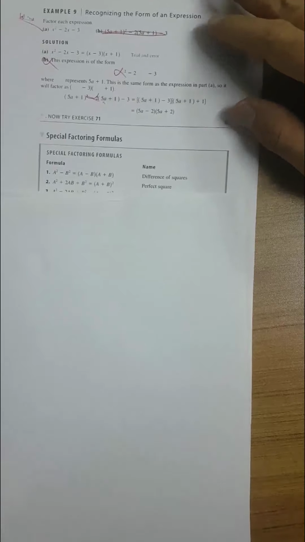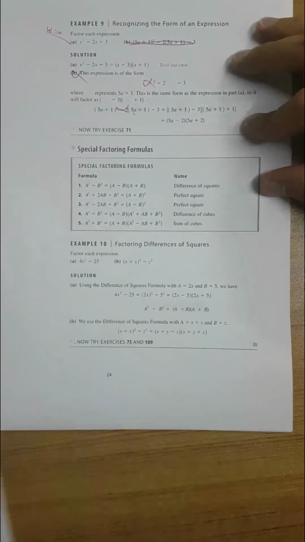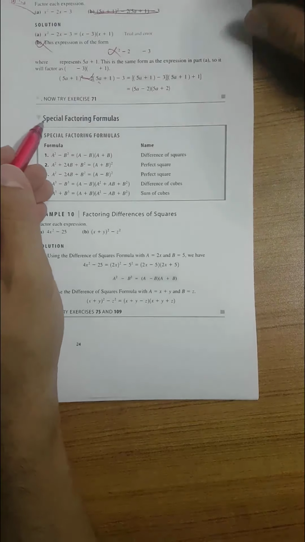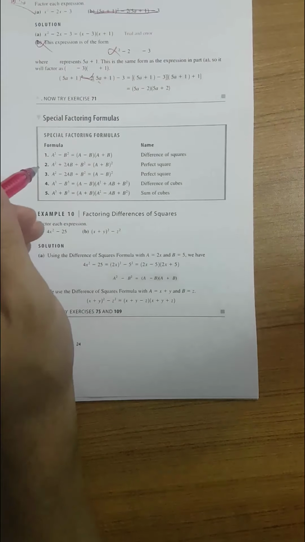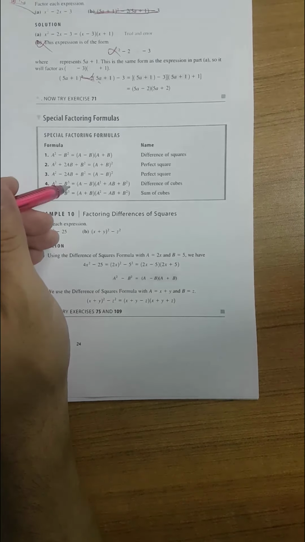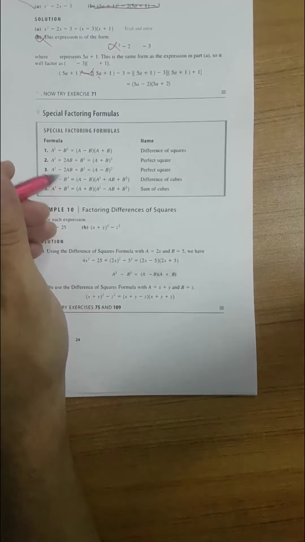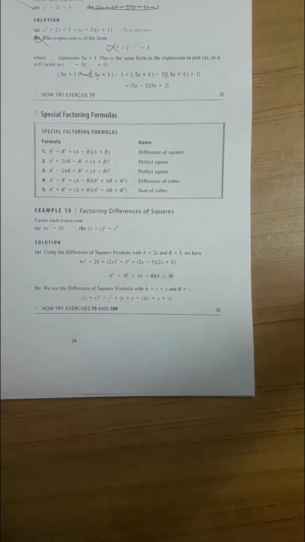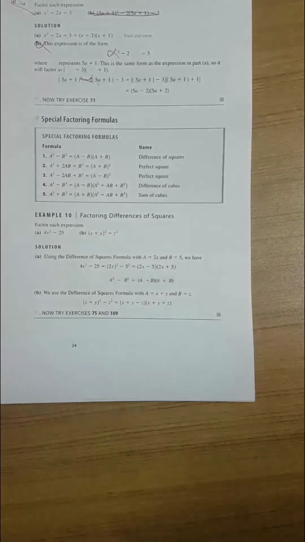Okay. Also we have a special or quick formula for factoring. Do you remember we have a special case or formula for multiplication? Now here we have a special formula for factoring.